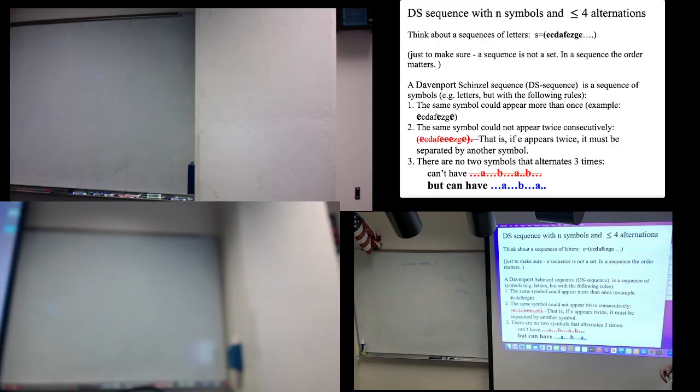And in general, there is the order of the DS sequence. There are different orders of DS sequences, but for the time being, we limit ourselves to no more than 4 alternations. To define exactly what an alternation is is a bit hard, so we'll just think about it as sequences that cannot have one symbol A, after that B, after that A, and after that B again.